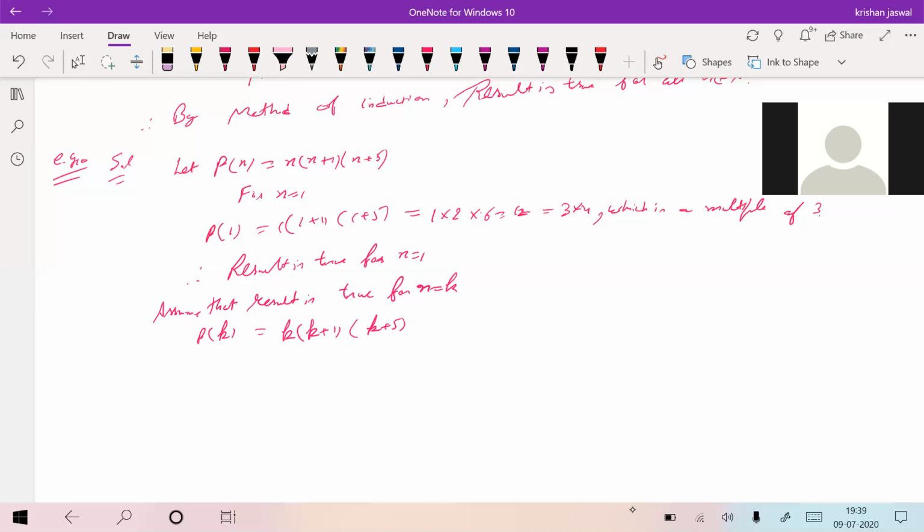Because this is a multiple of 3, we can write it: let k into k plus 1 into k plus 5, because it is a multiple of 3, equal 3 into some answer, say m. Then we will get 3 into m, where m is an integer.